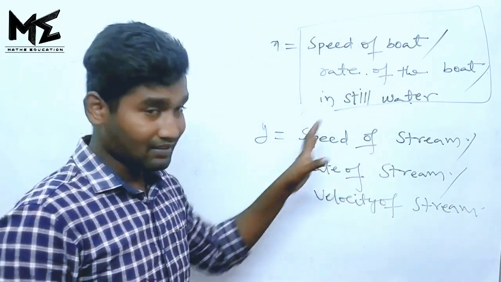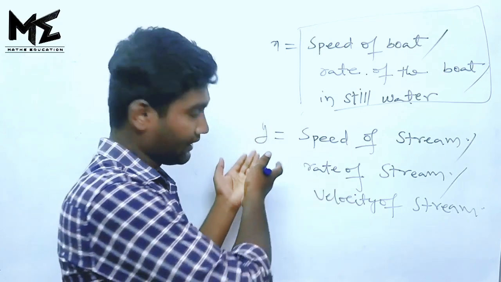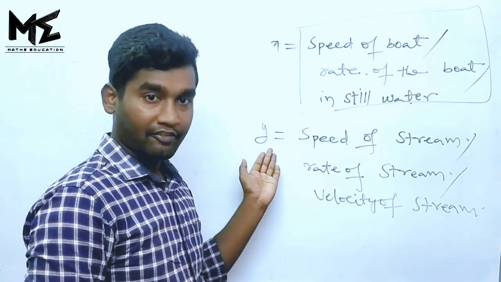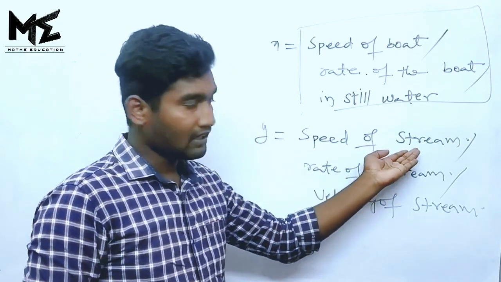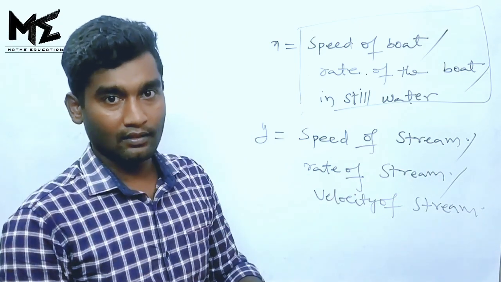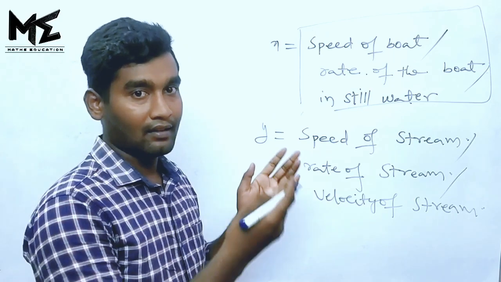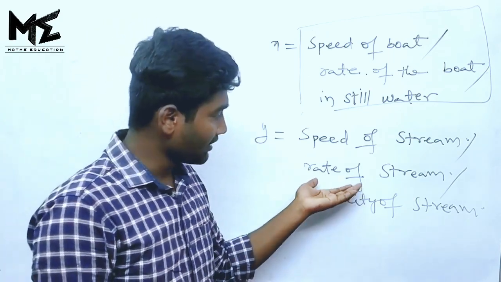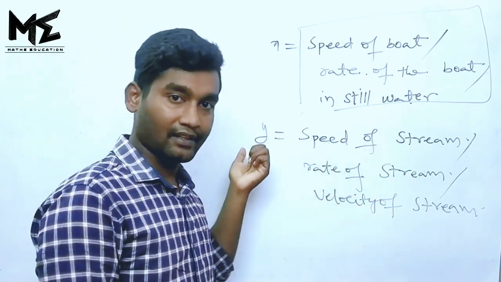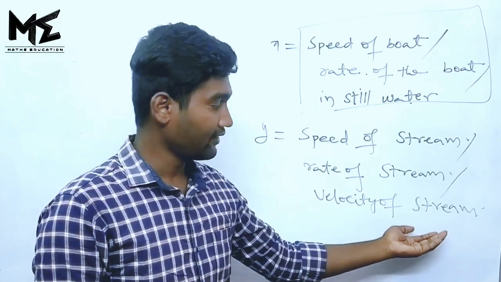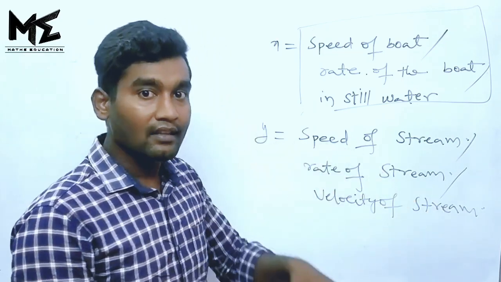If we have these three terms in the question, directly we can take y. If speed of the stream is in the question, we can write y. If we have rate of the stream, directly we can take y. If we have velocity of a stream, directly we can take y.